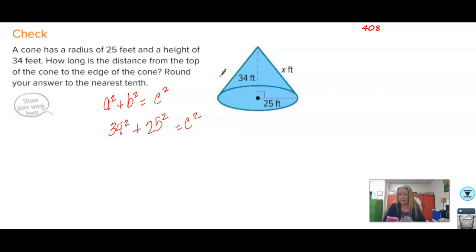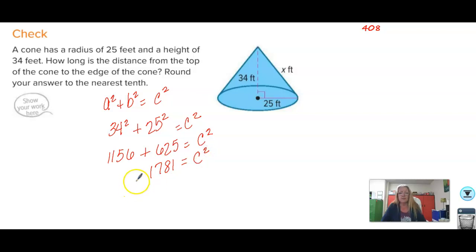34 squared is 1156. 25 squared, I think I know that one, but we won't trust. 625 equals c squared. Now we have to add those together. 1156 plus 625 is 1781 equals c squared.